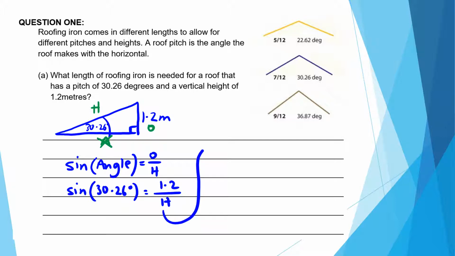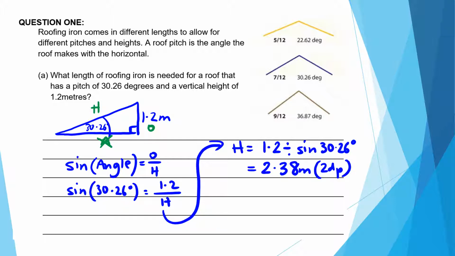Now, if we rearrange that, it will mean that h equals 1.2 divided by sine of 30.26 degrees, which we can tap into our calculator and find that h equals 2.38 meters to 2 dp. Now the length of roofing iron is actually going to be 2h because we need the two sides of the roof.